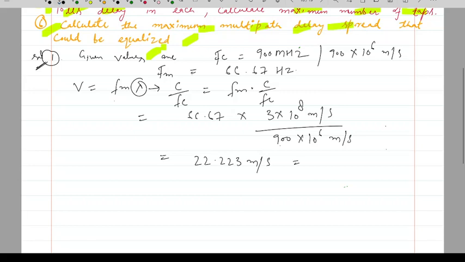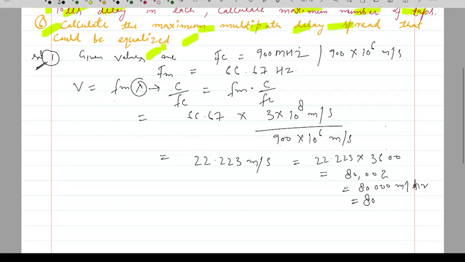In 1 hour there are 3600 seconds, so we will multiply 22.223 by 3600, and we get approximately 80,000 meter per hour.